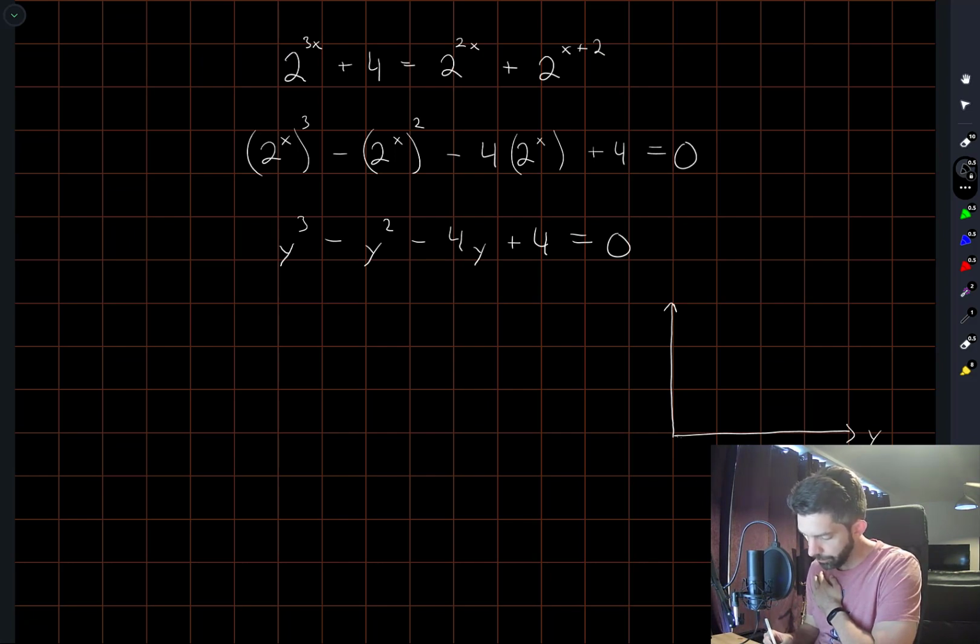So when y is equal to 0, this thing is equal to 4. And as y goes to infinity, this thing will go off to infinity.